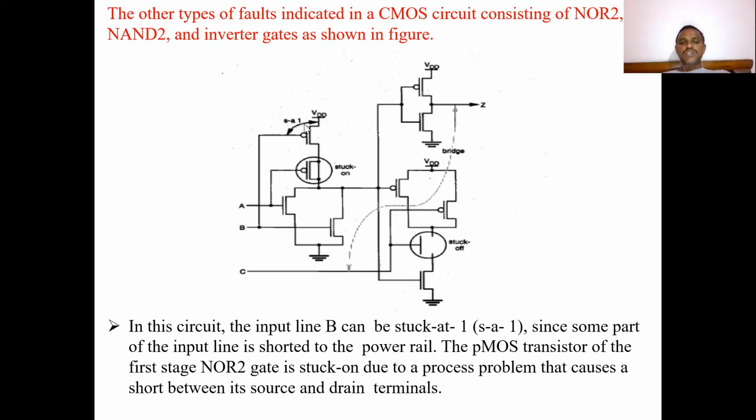The PMOS transistor of the first stage NOR2 gate is stuck on due to the process problem. Process problem means the fabrication process. What happens if the source and drain distance is very small? That means the channel length is very small, and automatically the source and drain will be connected.